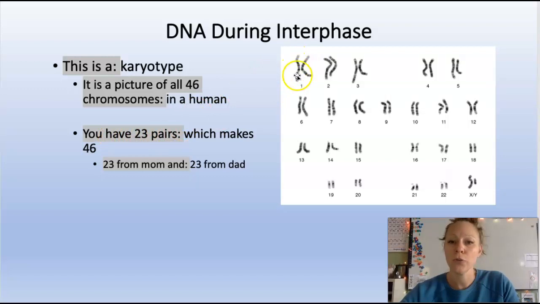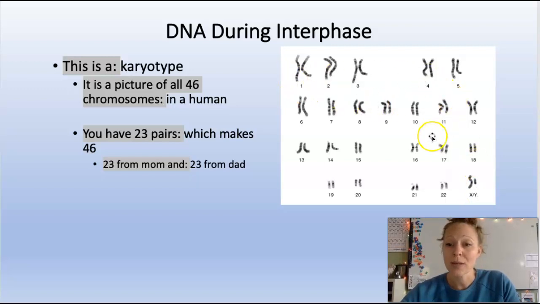You have two first chromosomes, one from your mom and one from your dad. You have two second chromosomes, one from your mom, one from your dad, and so on and so forth. So here we have 23 sets of chromosomes, 23 from mom and 23 from dad.